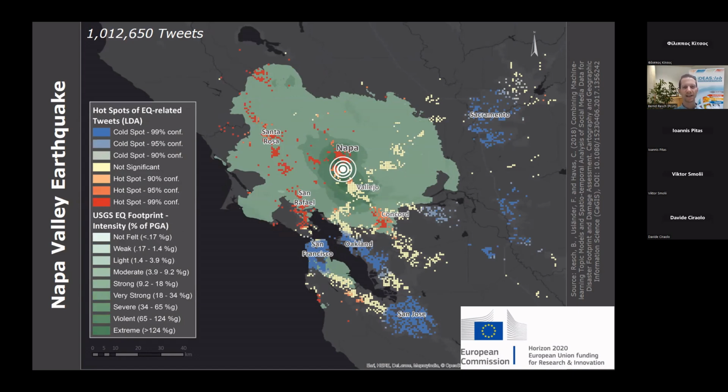And what they present is a map of peak ground acceleration, PGA here. So basically, how strong the earth was shaking. And what you can see there is that the red areas that we identified are, to a great degree, nearly all of them, within this delineated earthquake footprint, and the blue ones are outside.